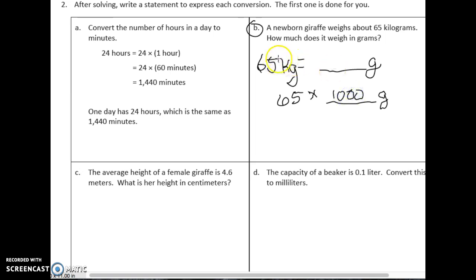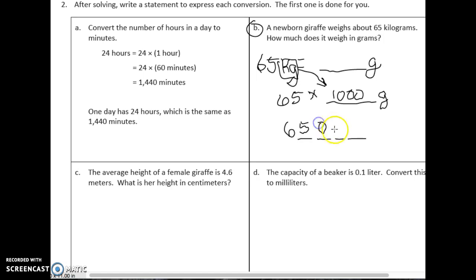So we've taken this kilogram right here and we've turned it into this. 1 kilogram is the same as this. So now we can go, oh, times 1,000. We know 5 times 1,000 is going to be in the thousands place. So our 5 is going to come to the thousands place because 5 times 1,000 happens to be 5,000. And now this guy's along for the ride. He's to the left of the 5.